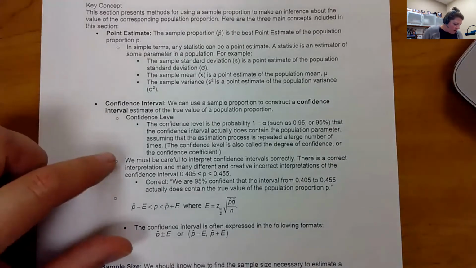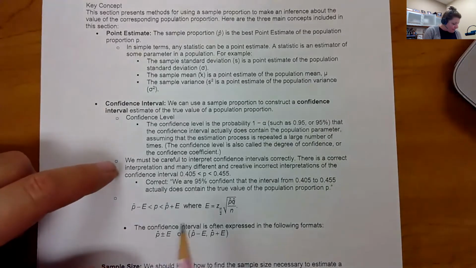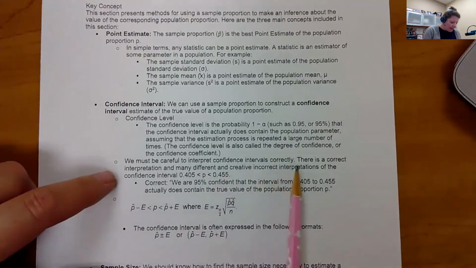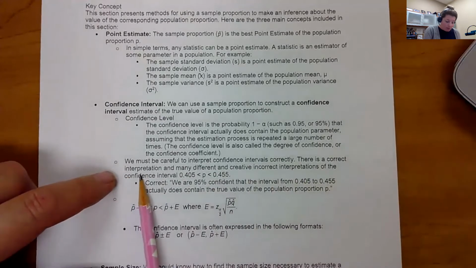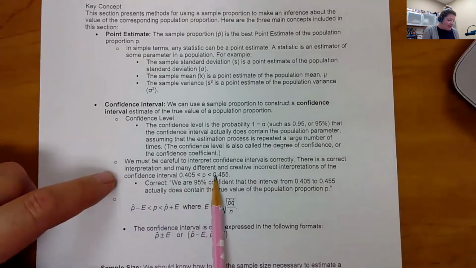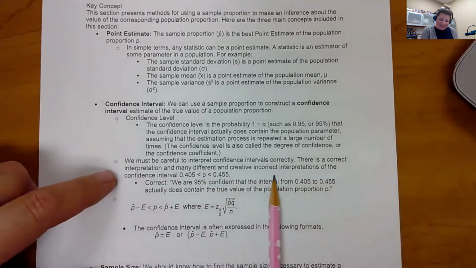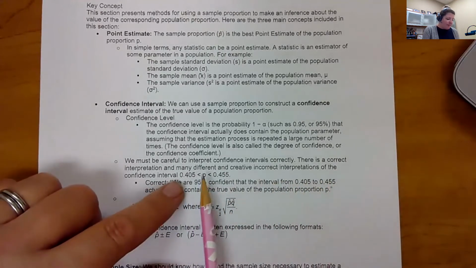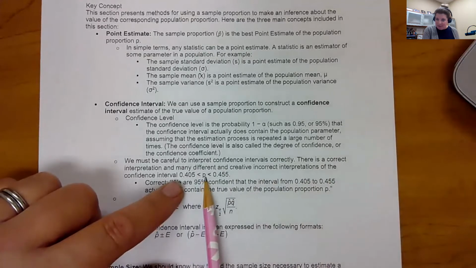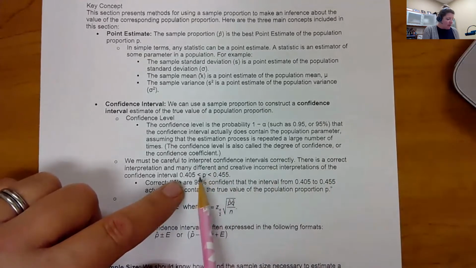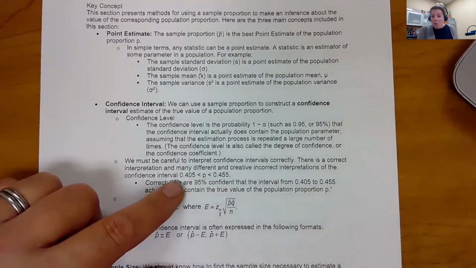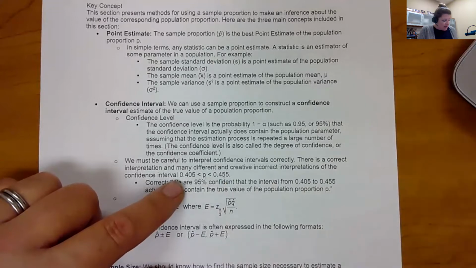So for example, let's read one real quick. We must be careful to interpret the confidence intervals correctly. There is a correct interpretation and many different and creative incorrect interpretations of a confidence interval. So if I'm saying the population, not the sample, notice the P doesn't have the hat, the population proportion is between these two values.